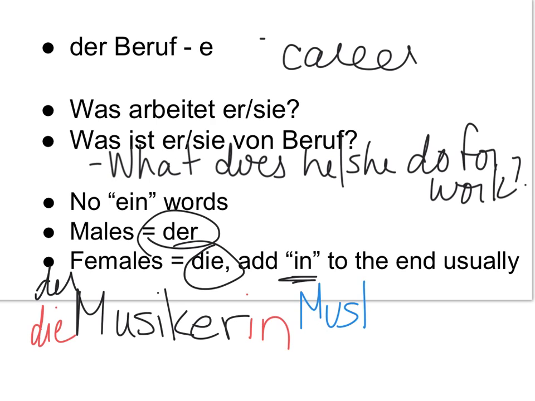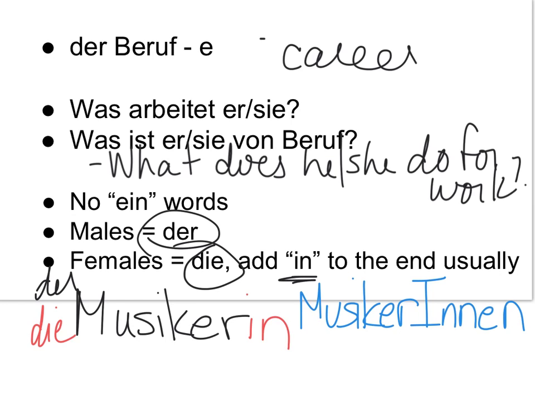Not everybody does this. They take the female version and make it plural, but they capitalize the I in the middle. This is the PC version of plural musicians now. If you lowercase that I, that's plural female musicians. So by capitalizing it, they're making it a PC kind of version.